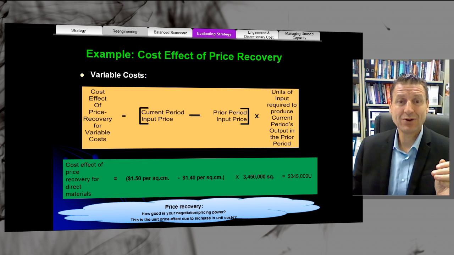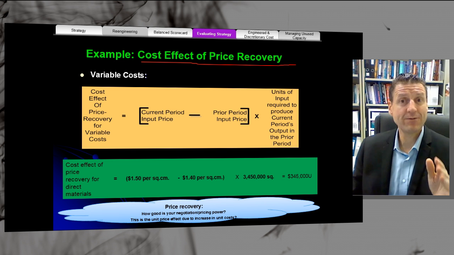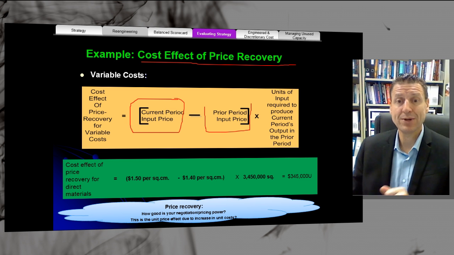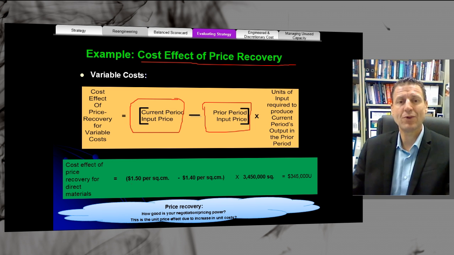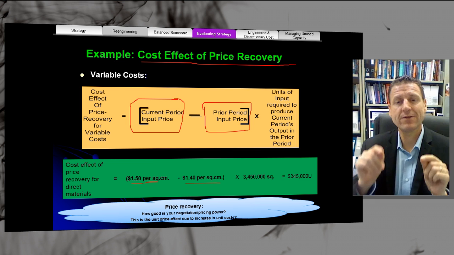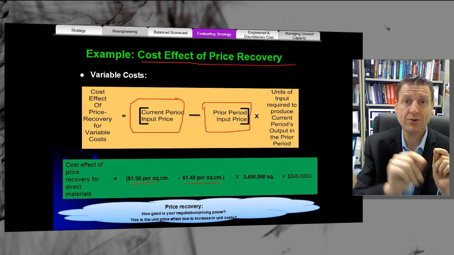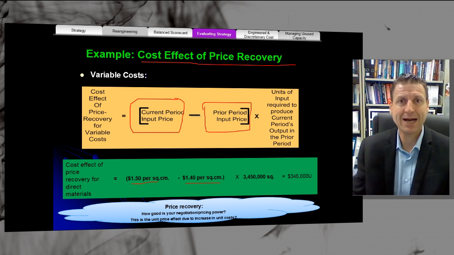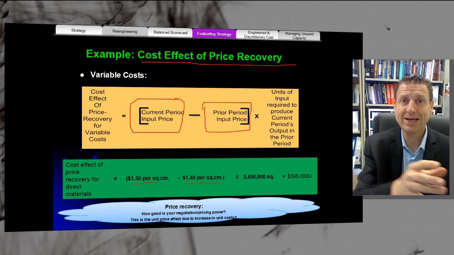So let's have a look at the cost effect of price recovery. What is the formula here? It's the current period input price minus the prior period input price. We're focused on direct materials inputs, and we've got $1.50 per square centimeter, $1.40 per square centimeter. Again, this reflects how good your negotiating power is, especially the purchasing department when they're dealing with the supply chain.